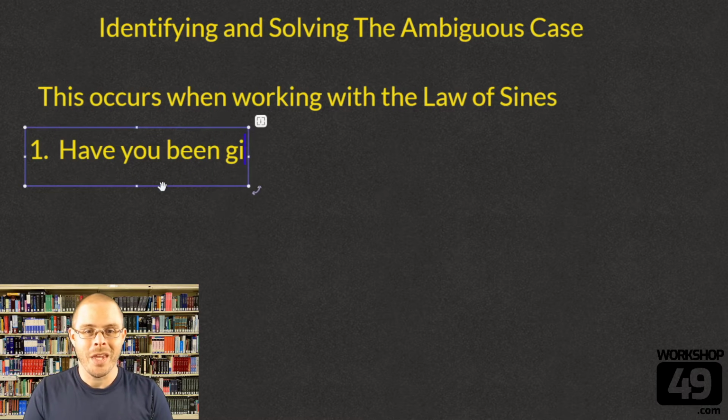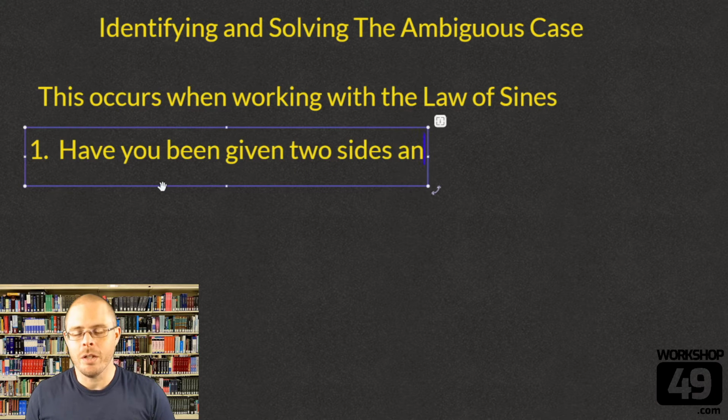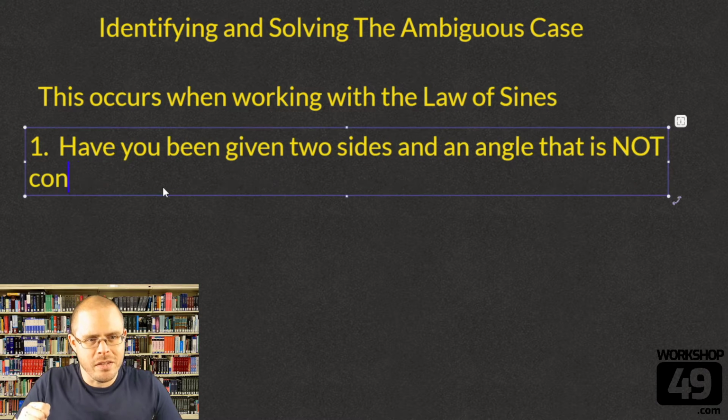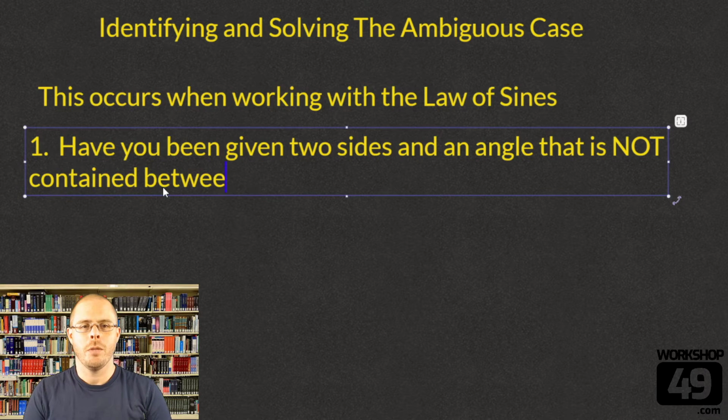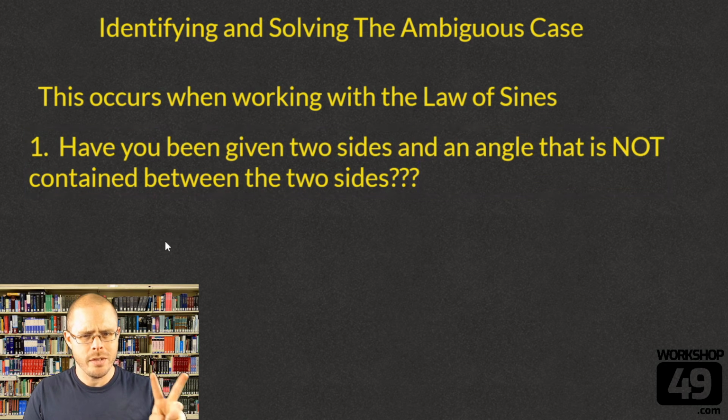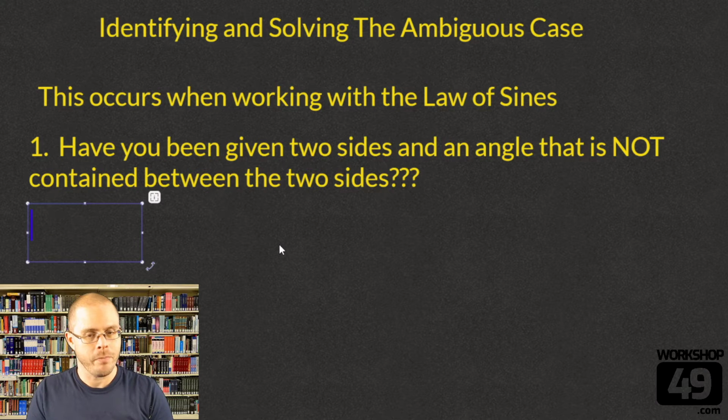Item number 1. Have you been given two sides and an angle that is not contained between the two sides? So you need two sides to be provided to you and an angle, but that angle can't be between the two sides. That's the first item.